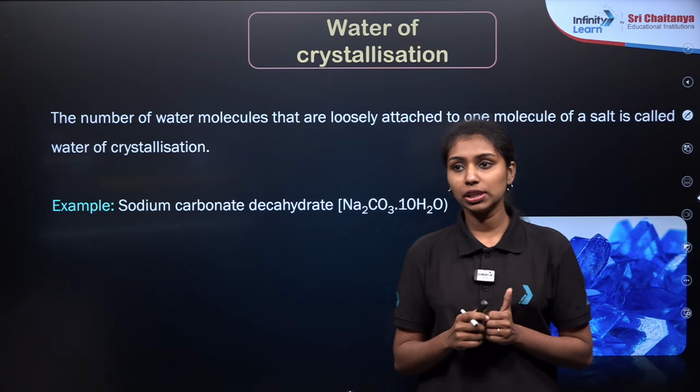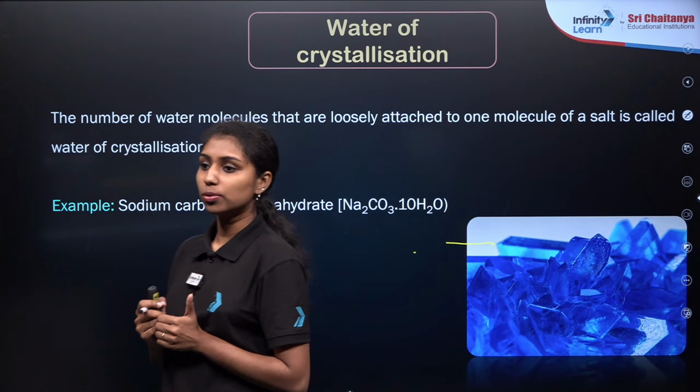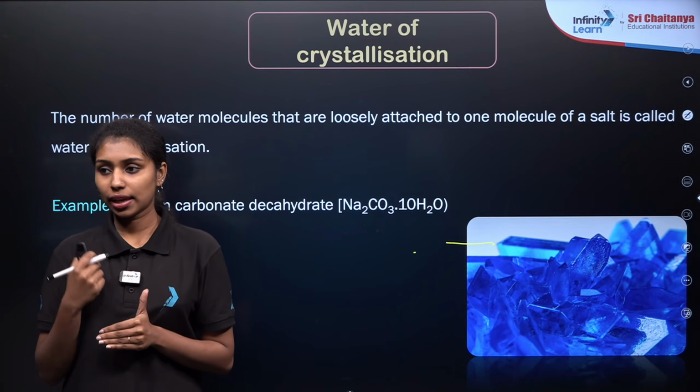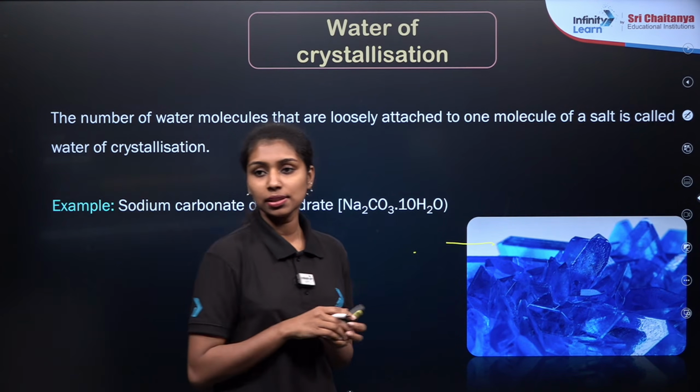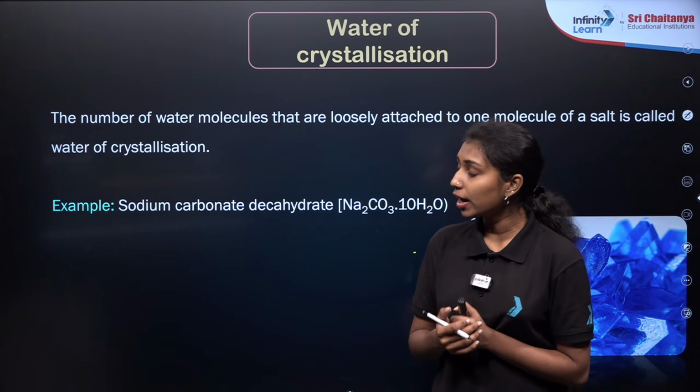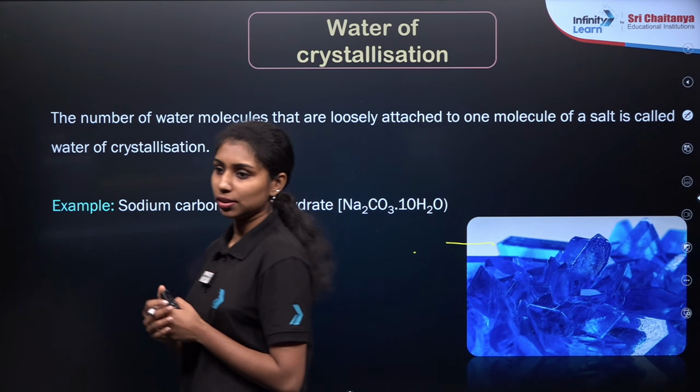Now we need to discuss the different compounds formed in the case of acids, bases and salts. Before that, we need to identify what we mean by water of crystallization.